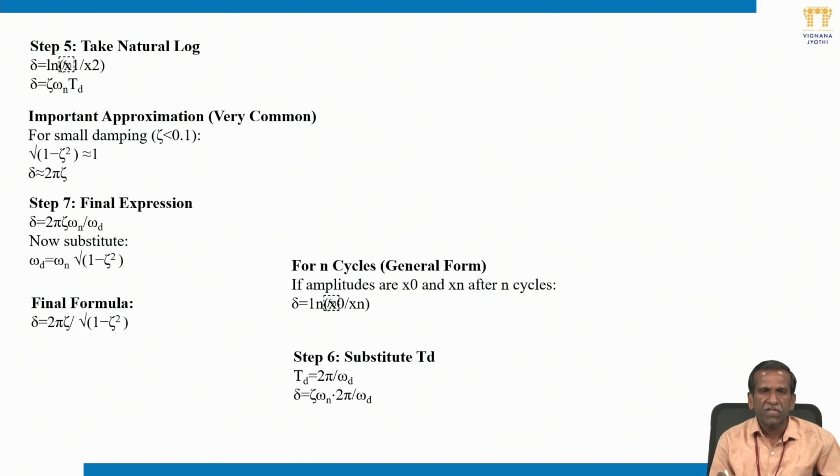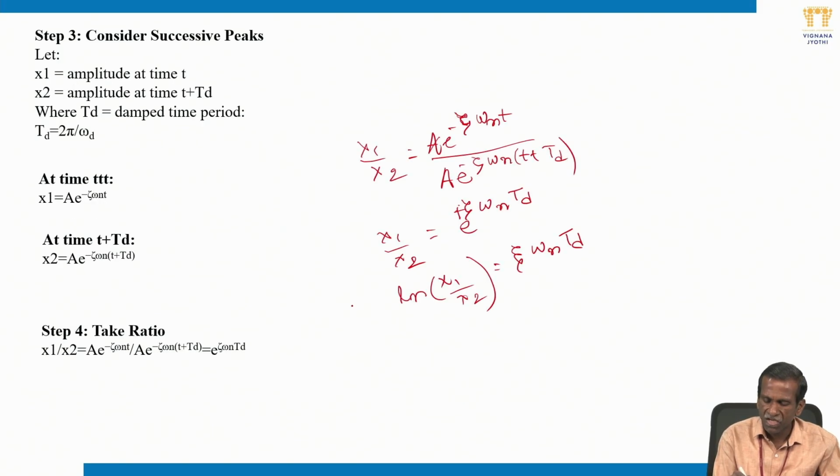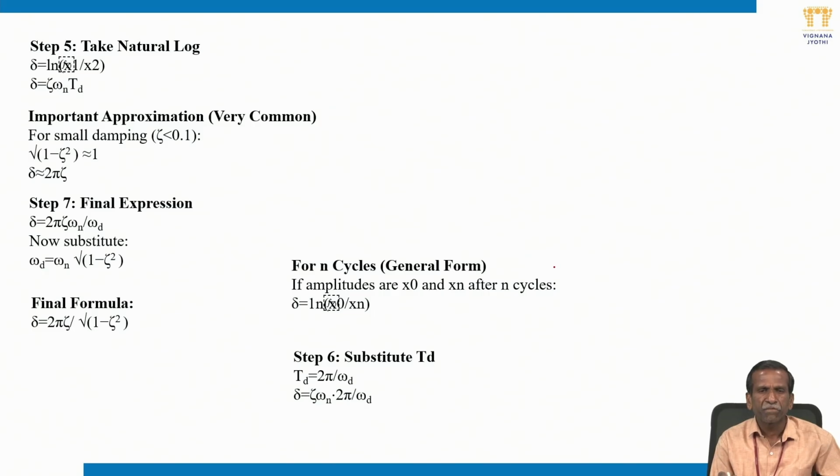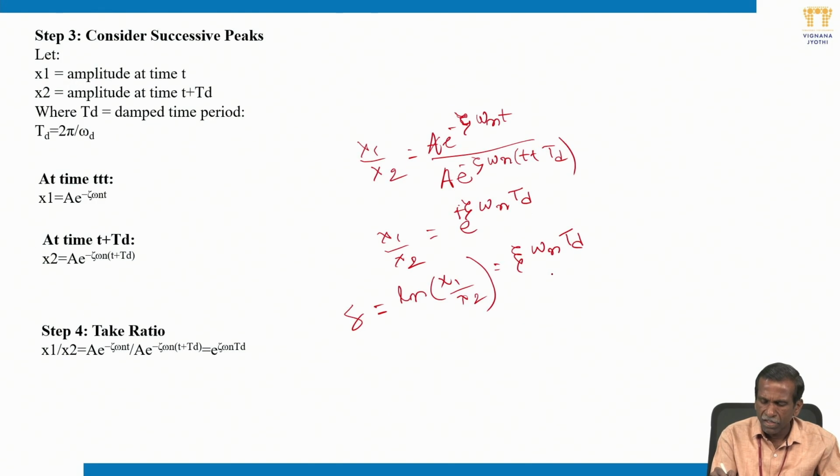This is delta, called the logarithmic decrement, the log of the ratio of subsequent amplitudes. That is the difference per zeta omega n td you got. Now td is 2 pi by omega d, where omega d is the damping frequency.